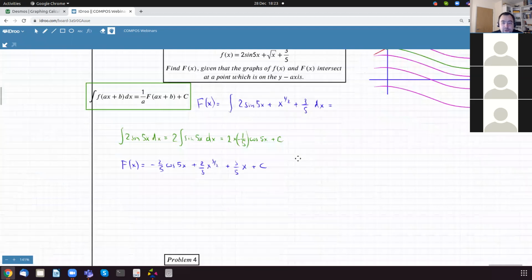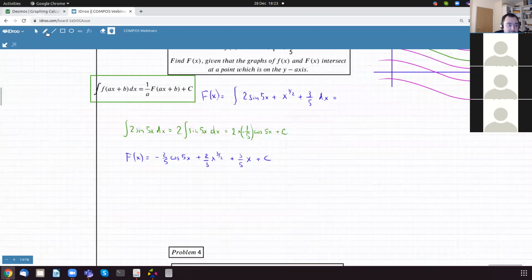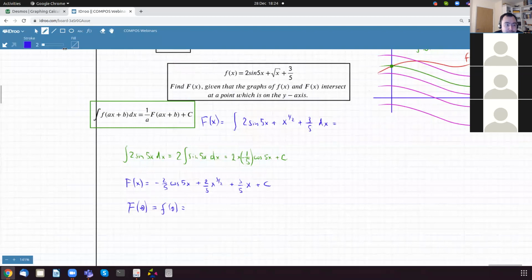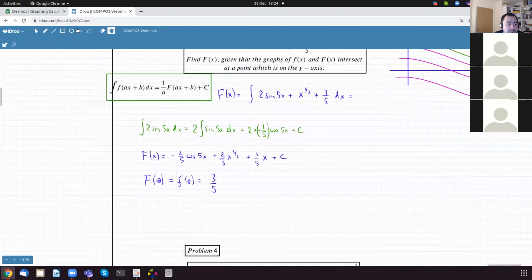Okay, and then we know that F of 0, because x is 0 on the y-axis, is equal to f of 0. But we know f of 0, because f of 0 is 2 times sine 0 plus 0 plus 3/5. So it's equal to 3/5. And this allows us to find c.